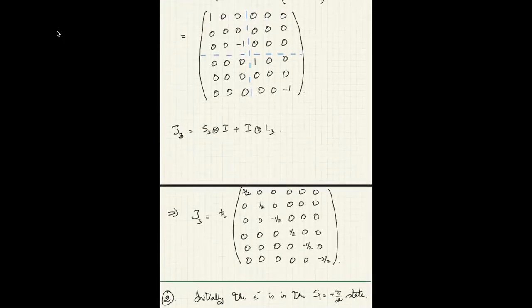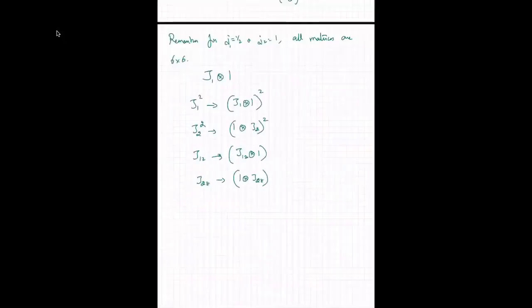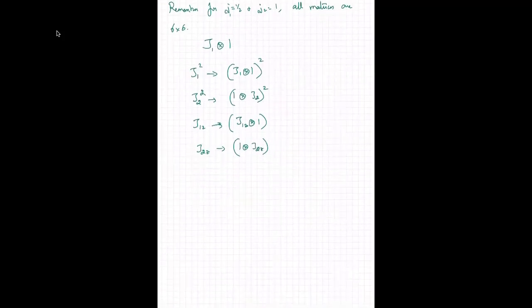We did not work out the J1 square and J2 square matrices, but suppose we act with this J1z direct product 1. So let us compute J1z direct product 1.